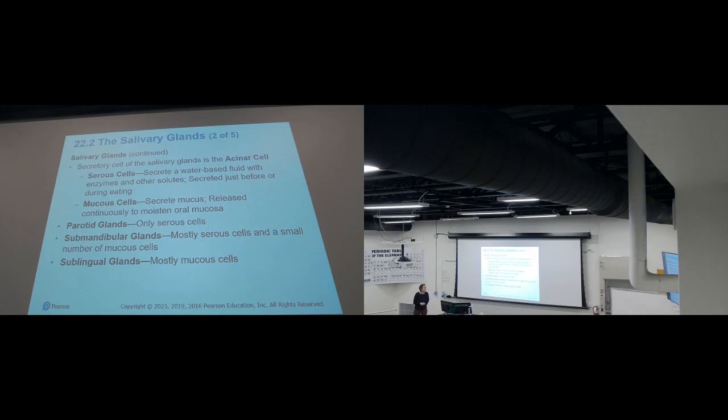And then mucus cells secrete a mucus-based saliva that continuously moistens the oral mucosa. The parotid glands only have serous cells, so they produce more watery saliva, while the submandibular glands have mostly serous cells and a small number of mucus cells, and the sublingual glands have more mucus cells.